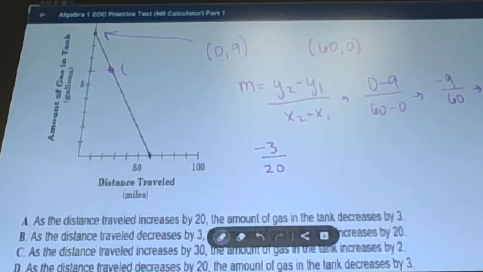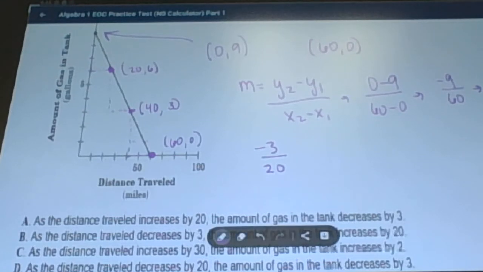This ordered pair is 20, 6. And then it goes down 3 over 20. And this ordered pair is 40, 3. Down 3 over 20. And then we get at 60, 0.